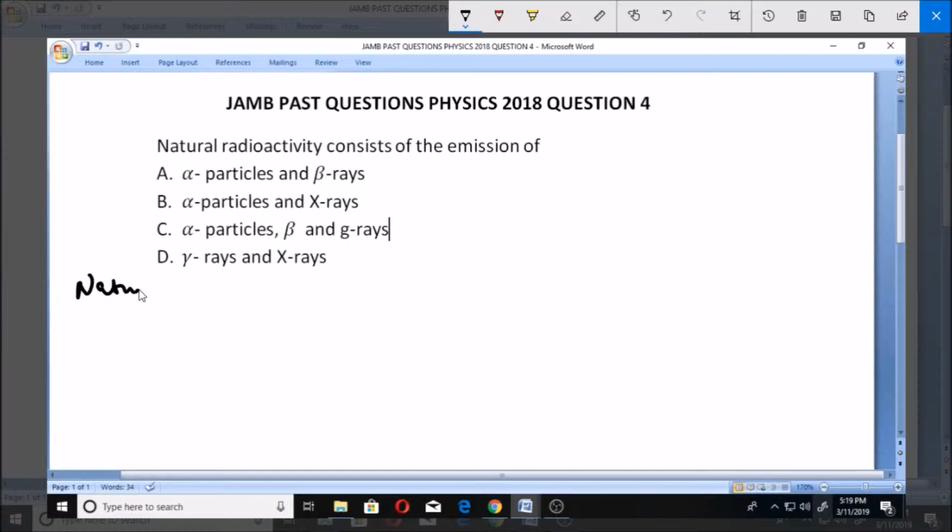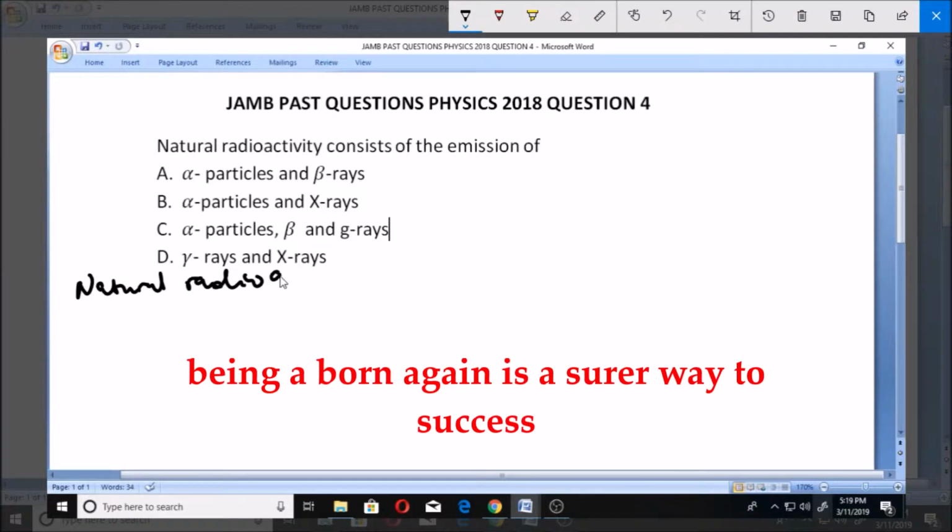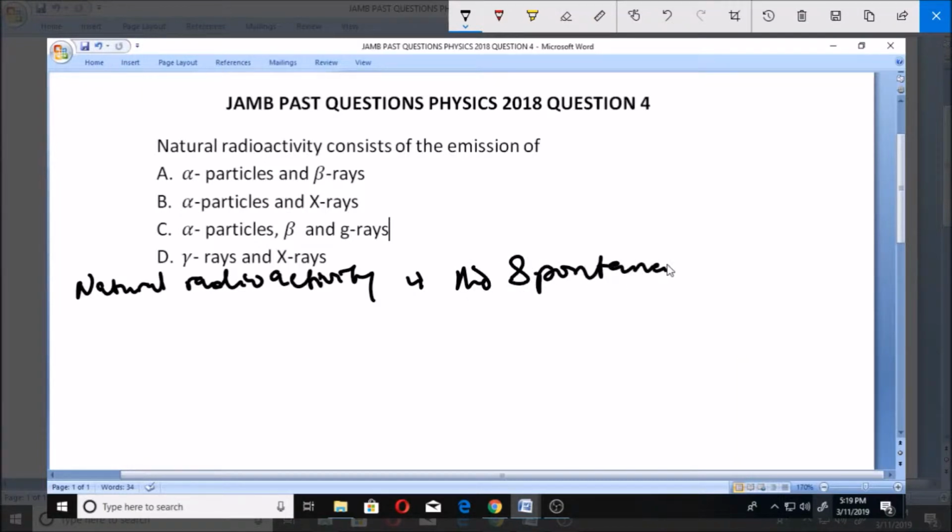radioactivity, and we'll have that natural radioactivity is the spontaneous disintegration. Natural radioactivity is the spontaneous disintegration or splitting.